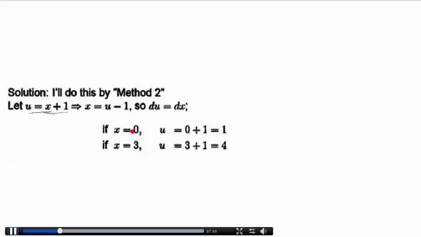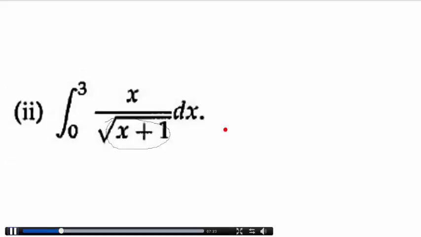Once we substitute u into our equation, we will have to do everything in terms of u. In this, you can see this is our integral sign with respect to dx, and this is our upper limit and this is our lower limit.